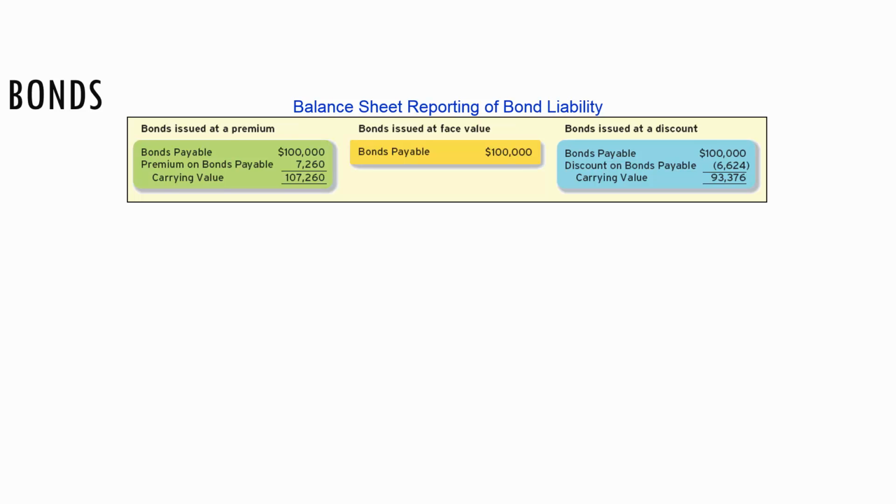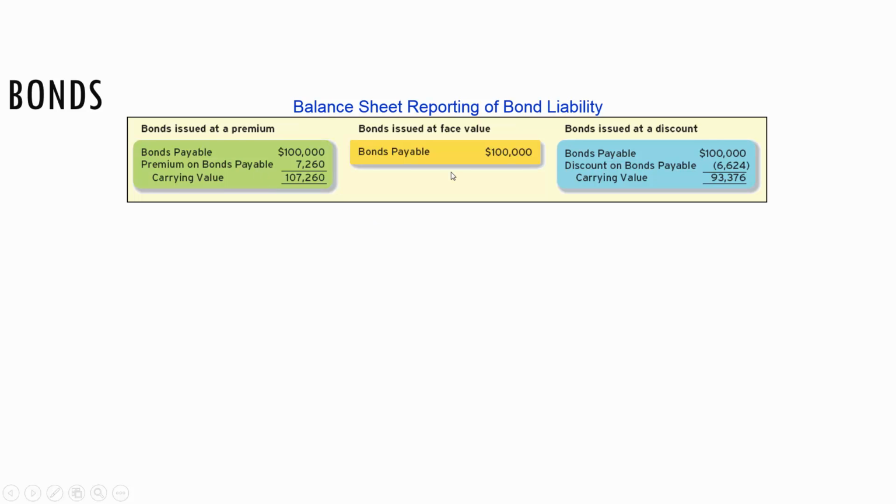If the bond's market has a higher value on it than face value, we call this a premium, and this actually gets recorded when we issue the bond or when we get the cash in. And so when we get the cash in from selling a bond, the cash in would be 107,260 in this case. If we get more in than the bond's face value, which is 100,000, we call it a premium, and we record it in an account called premium on bonds.